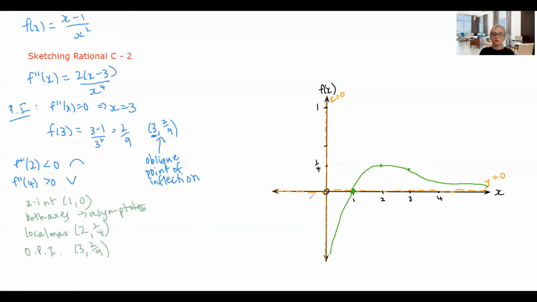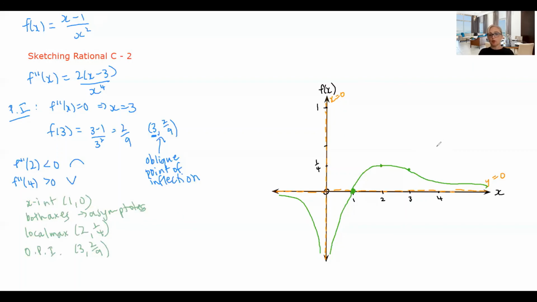We know that as we're tending towards x equals negative infinity, we're tending towards this line, y equals 0 from below. So we're coming up here. And we know that as we're tending towards x equals 0, the function is tending towards negative infinity. So what we've actually got here, even though we've got no actual points in that section, is that kind of shape. And there you have it.